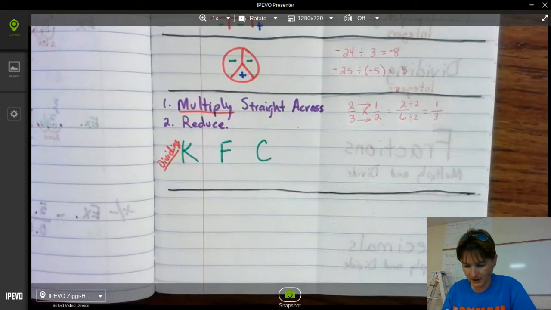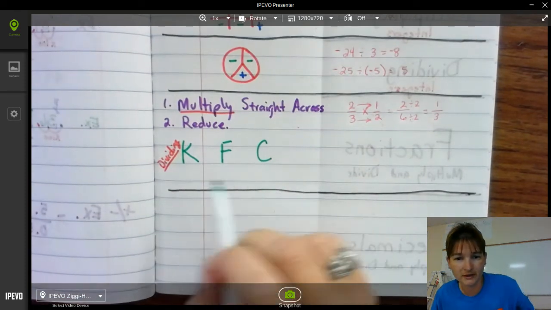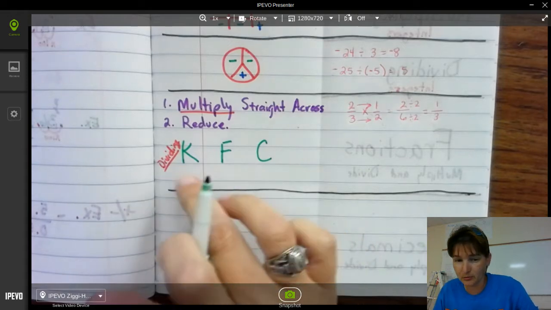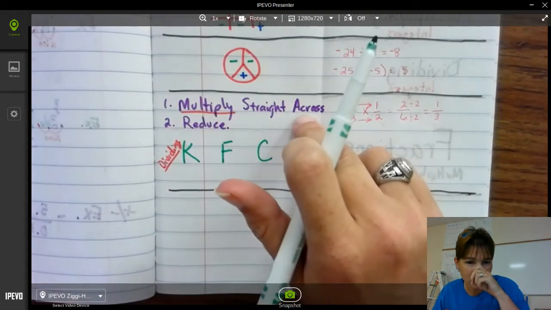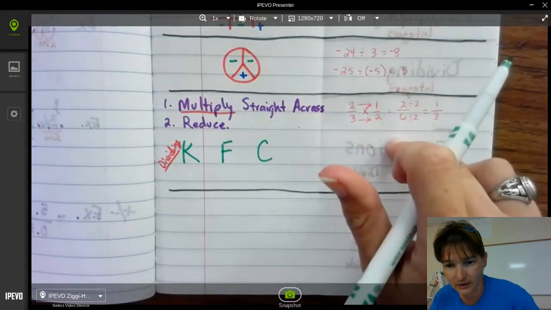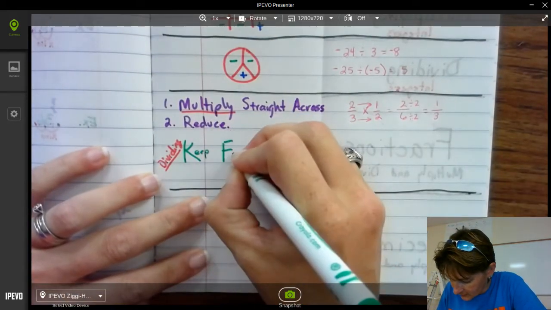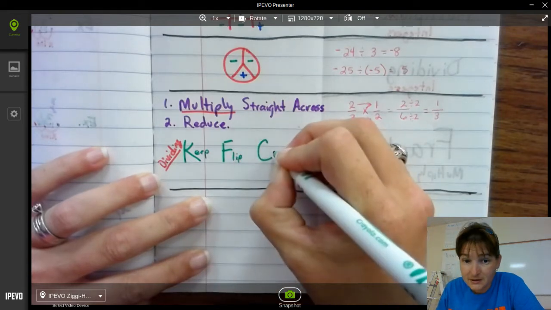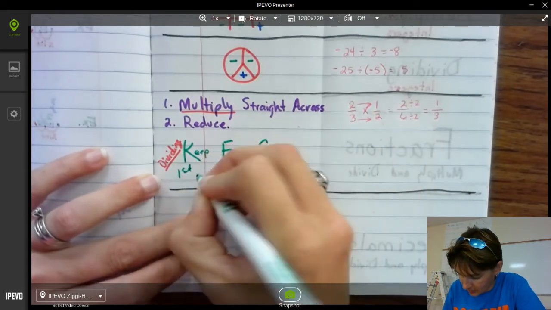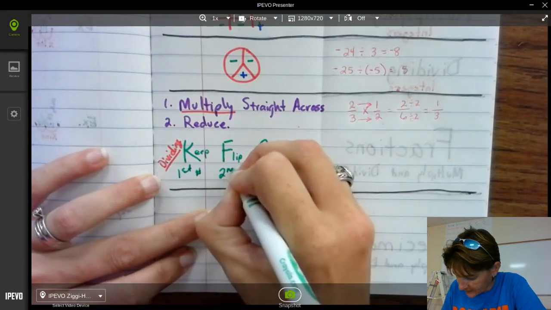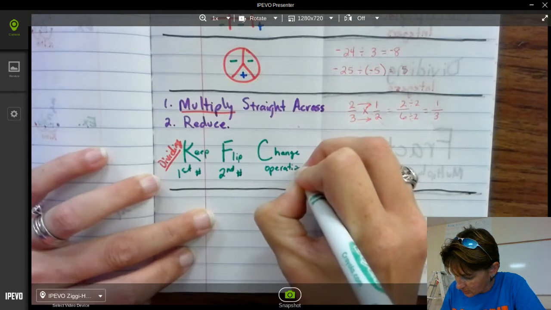That way you're not trying to use KFC for multiplying. That is completely wrong. It's only for division. Basically, what we're doing with KFC is making it into a multiplying with fractions so that we can just multiply straight across and then reduce. The K stands for keep, F stands for flip, and the C stands for change. We're going to keep the first number, flip the second number, and change the operation.